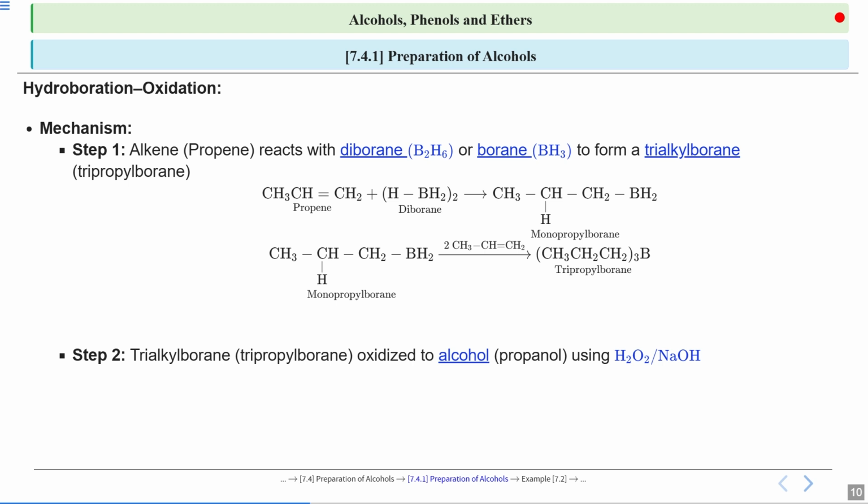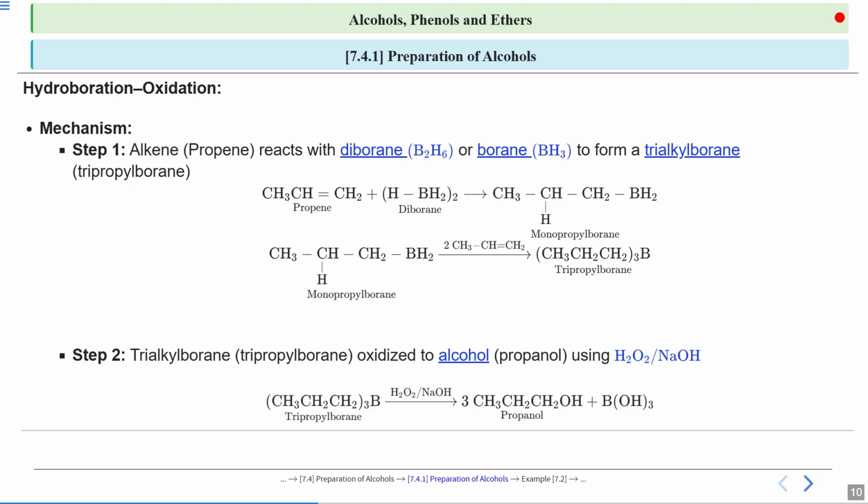Now the mechanism involves step 2. Step 2 is the trialkyl borane, or in the case of propene, the tripropyl borane you get, is going to oxidize to the alcohol form, that is propanol, using H2O2, hydrogen peroxide, in the presence of sodium hydroxide.